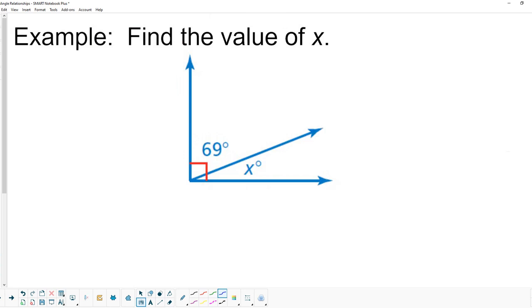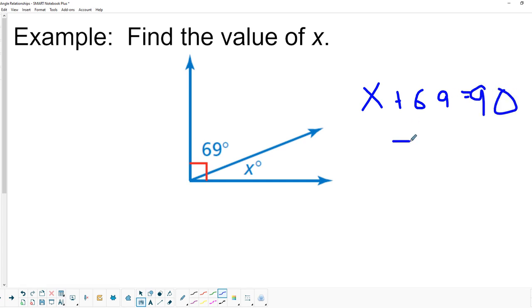All right, here's another kind of problem you might see. It'll show a diagram or a picture like this and say, find the value of x. Well, because of that little square box that's in there, you know that these two angles add up to 90 degrees. So x plus 69 equals 90 degrees.